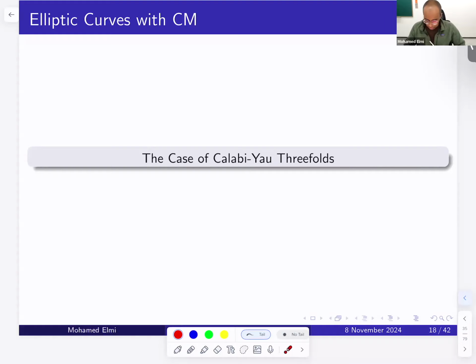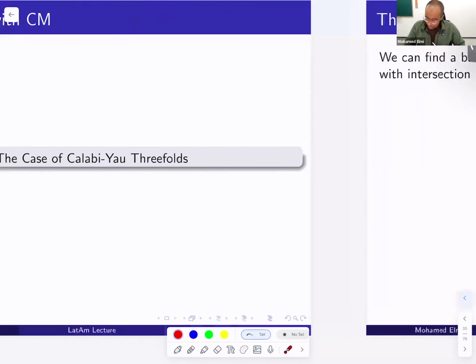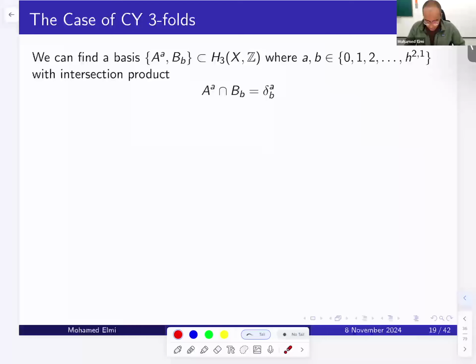Sure. I'll move on to the Calabi-Yau threefolds. Albrecht spoke about this in his talk, so I'll repeat some of what he said. A lot of this overlaps with his talk, so hopefully you'll benefit from both explanations. For a Calabi-Yau threefold, we have a nice homology basis.